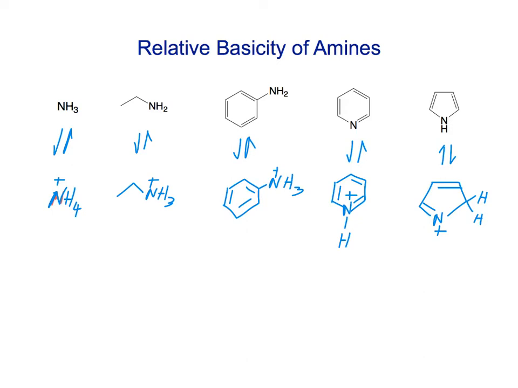So let's just think about the bases. Basicity. Okay, so which of these do you think might be the strongest bases? We have some kind of different categories of amines here.